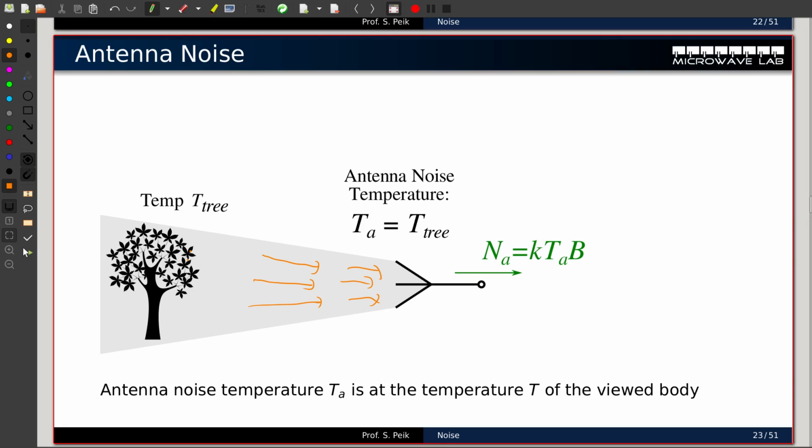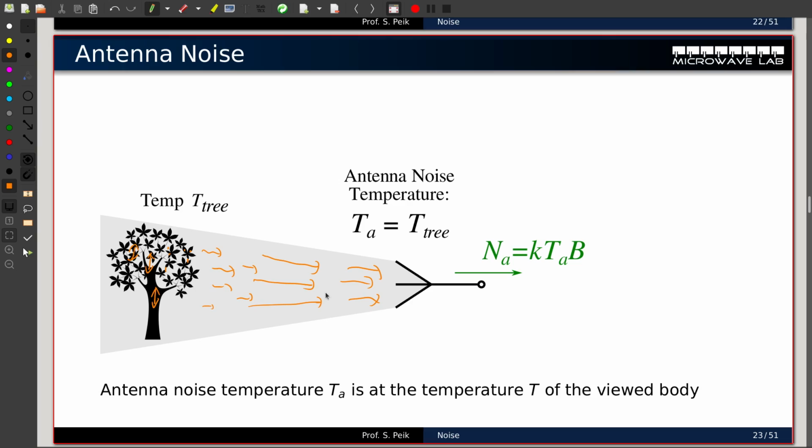Inside that tree, you have electrons. These electrons are moving up and down. By this movement of the electrons, remember, they create electromagnetic waves. And these electromagnetic waves are the waves that hit the antenna. Every object at a certain temperature does it.